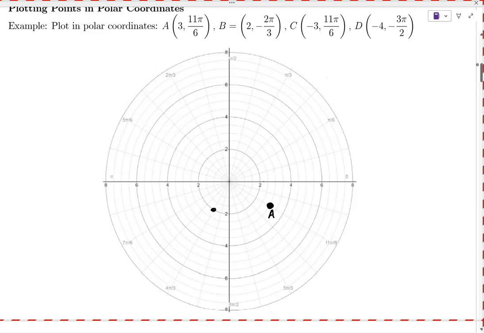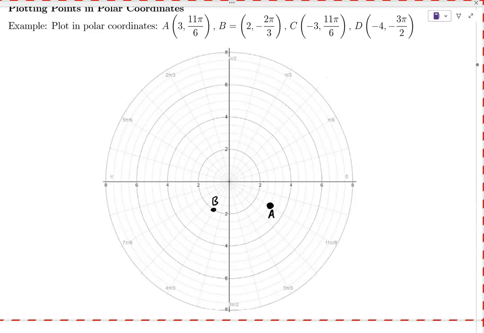So this point will be right here. This is the point B. Are we okay with point A and point B? Is this okay so far? It's okay if it's not okay. Is this okay so far, what we got?